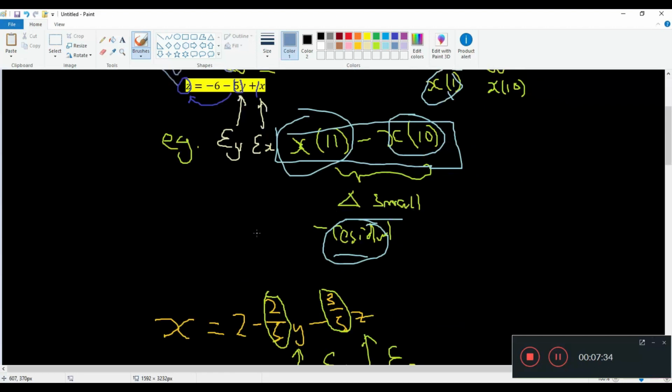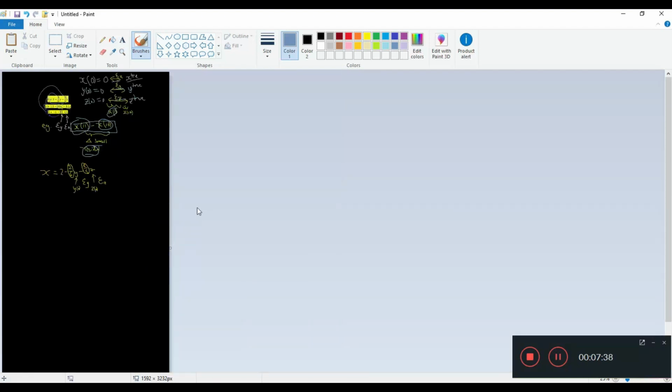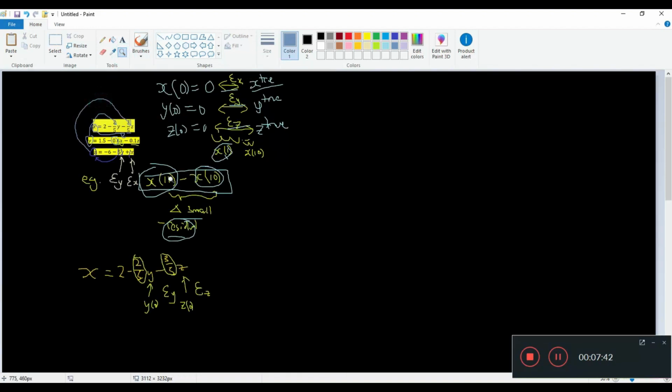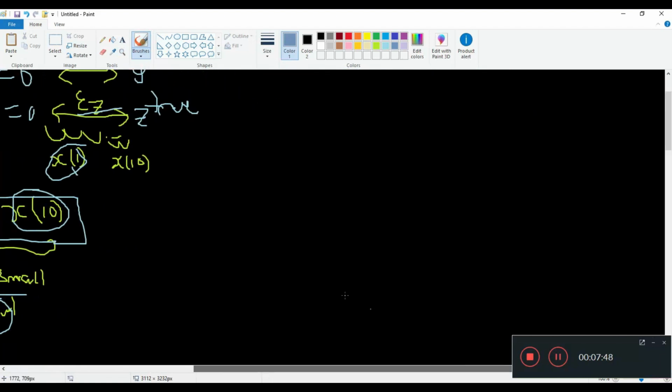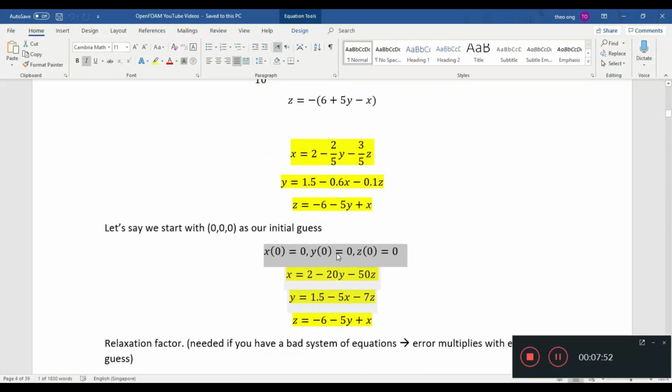Unfortunately, in most real-life scenarios, you cannot 100% guarantee yourself to have diagonally dominant equations where your error is always getting damped. So let's say I just change this system of equations. Instead of 2 over 5 y, I have 20y.